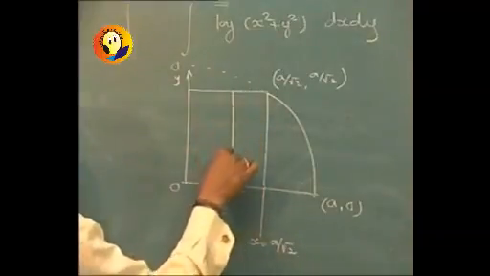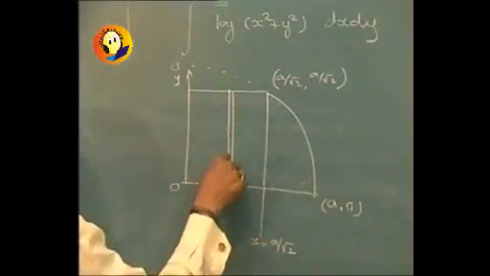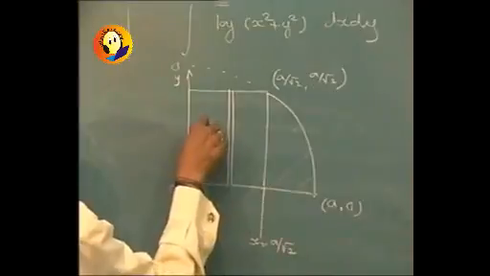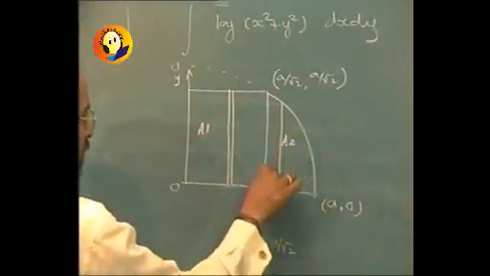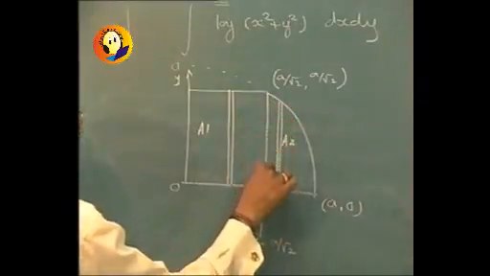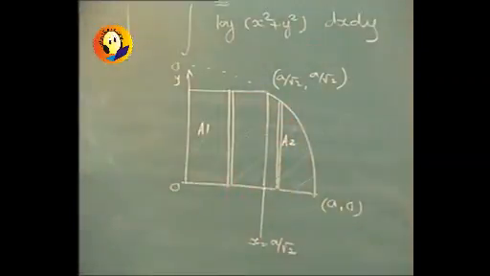Now the strip is to be taken parallel to the y-axis. I will call this area 1 and this area 2. The strips are taken parallel to the y-axis. Therefore, the given integral can now be written as, I will be talking about area 1 and area 2.